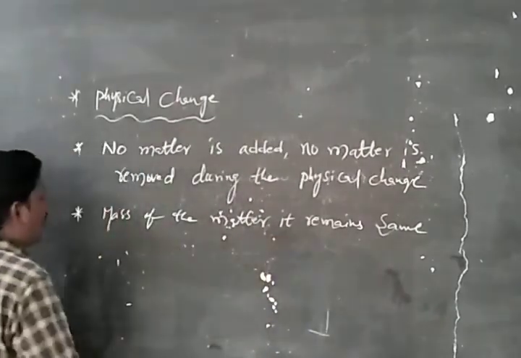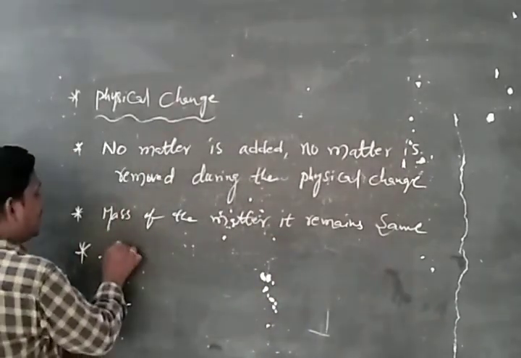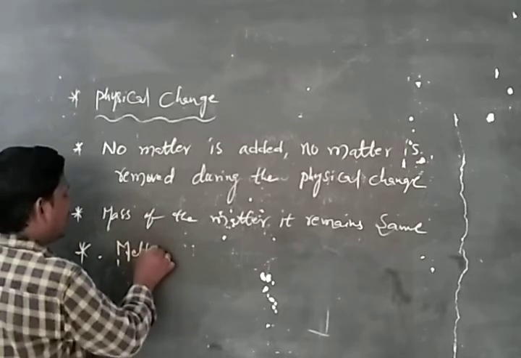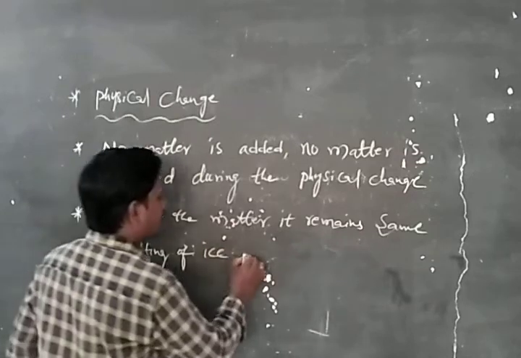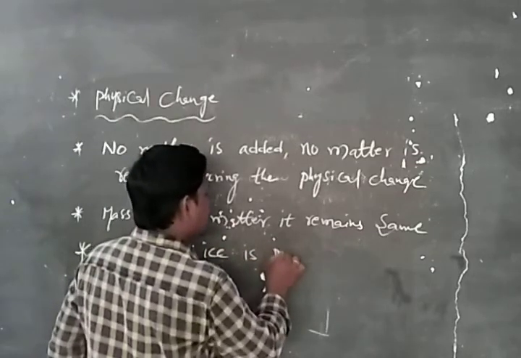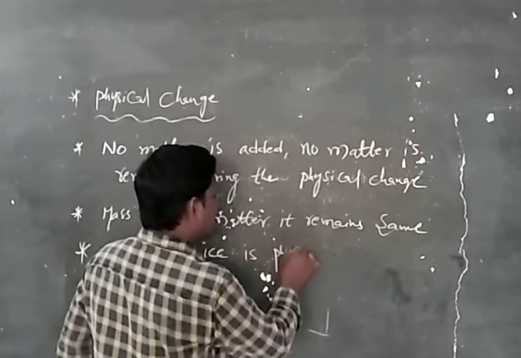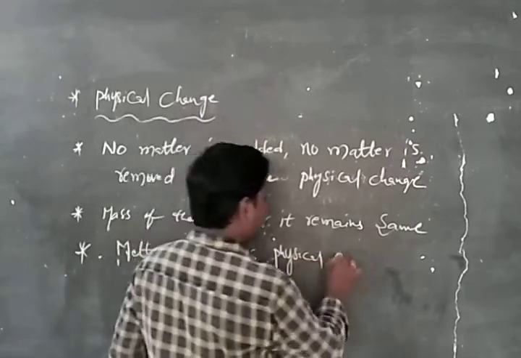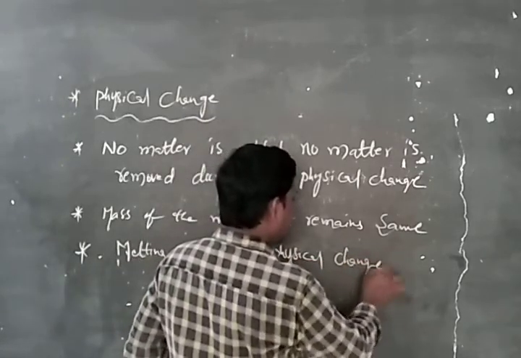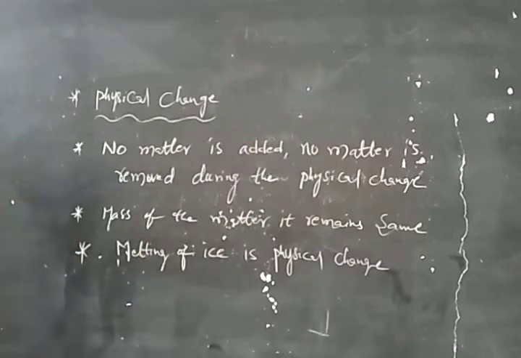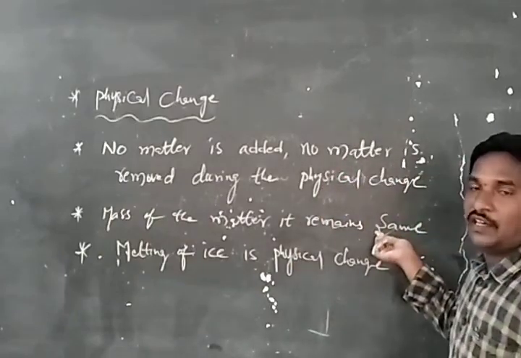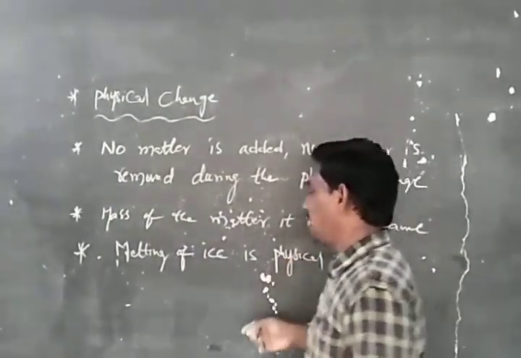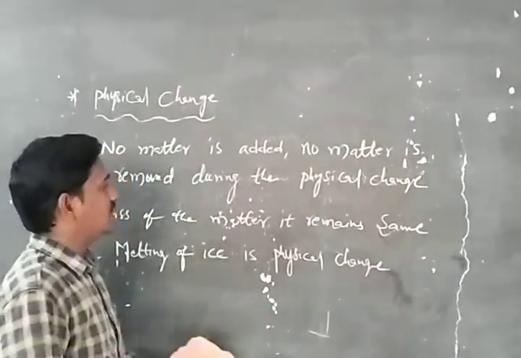So melting of ice is the best example of a physical change. So no matter is added and no matter is removed during the physical change, and the mass of the matter remains the same during the physical change, and melting of ice is the best example of physical change.